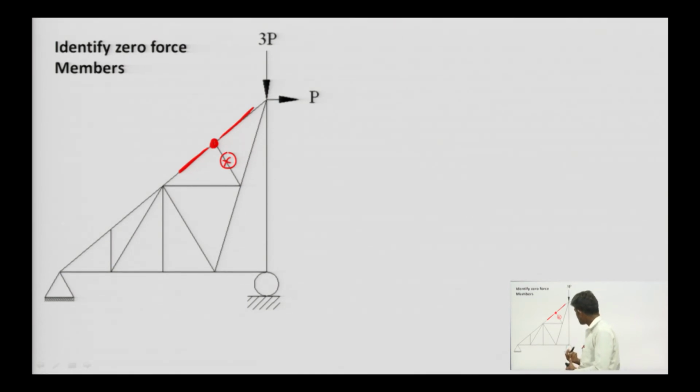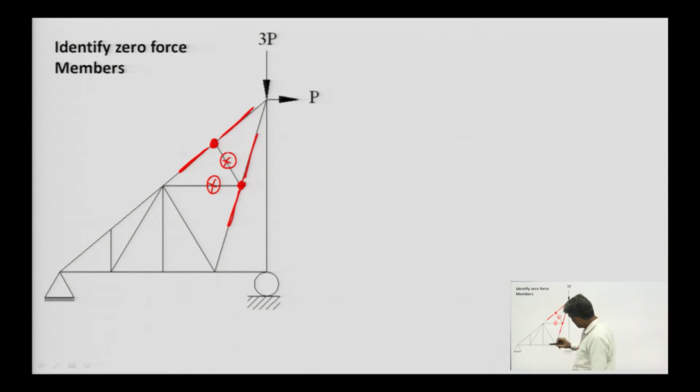Look here, this member and this member, both members are collinear. Since this member is a 0 force member, that is why this member will also be a 0 force member.